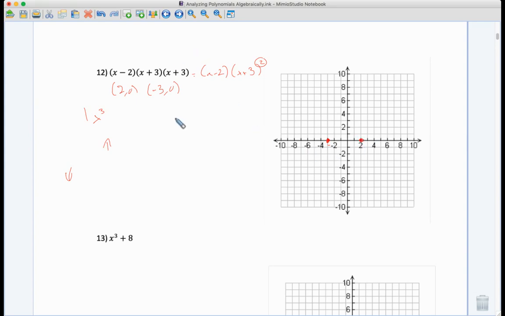If I want to find my y-intercept, I could plug in 0 for x, so that would be negative 2 times 3 times 3, which gives me negative 18. So I would expect there to be a y-intercept somewhere around here. Just using what I know about my graph, I'm coming from negative infinity, odd degree, positive leading coefficient.